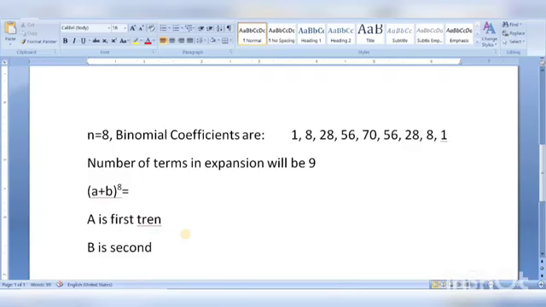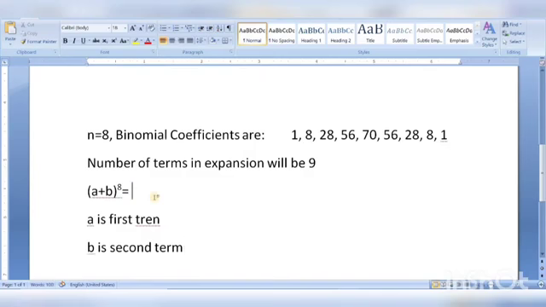You have to pick it up along with its sign. So if it is minus B, then pick it up as minus b. So pick it up with its sign. Here I have considered both as positive; I will also tell how to pick up the negative.